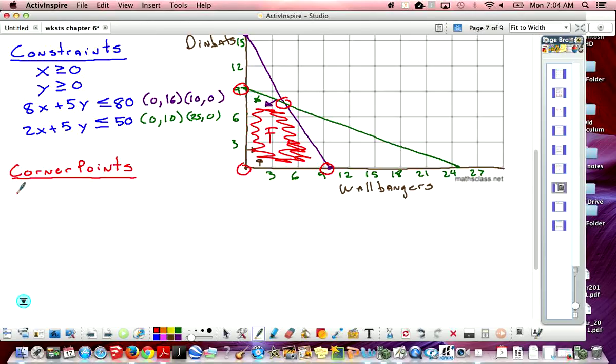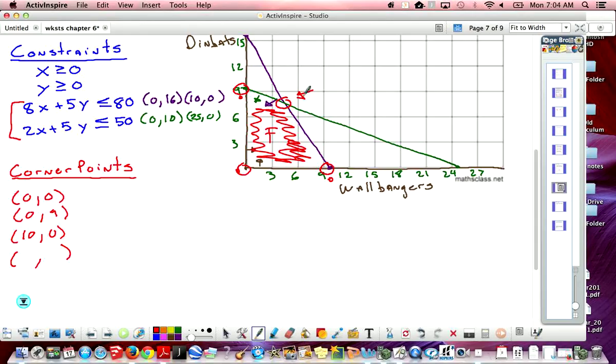So my corner points, I already know 3 of them pretty easily. 0, 0. This one up here is at 0, 9. This one down here is at 10, 0. Again, the reason why I know those right away is they're my x and y intercepts here.